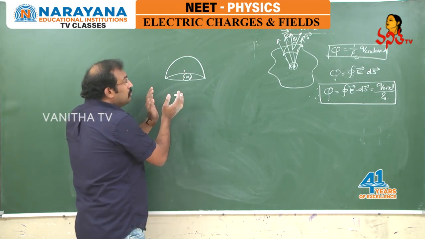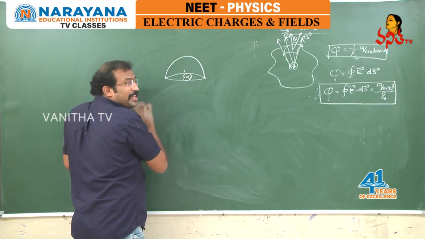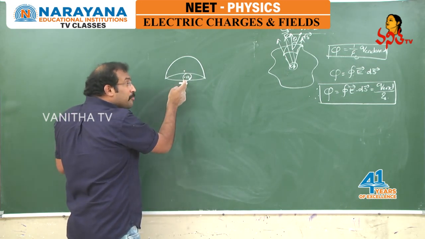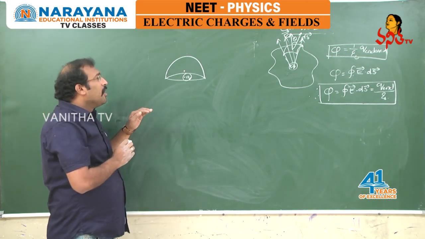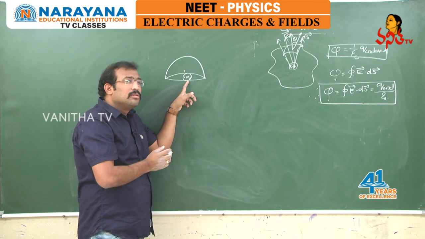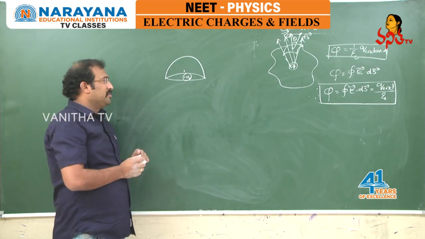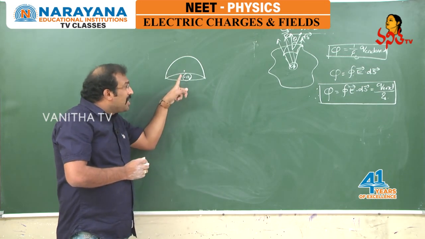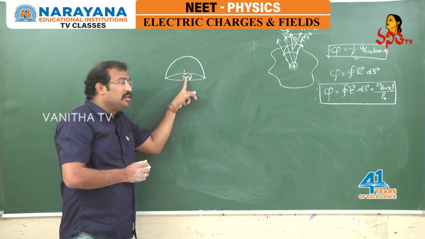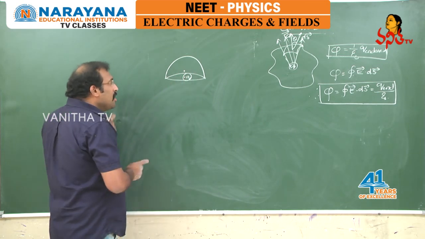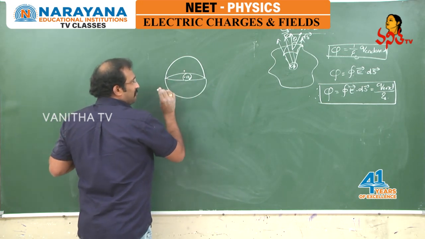In order to know the flux due to this charge through the hemispherical shell, first it should be closed. The surface which is enclosing this charge is known as a Gaussian surface. Here in this case, the charge which is present at the center of the hemispherical shell is not enclosed. That is why I use a symmetrical surface to enclose this charge like this.